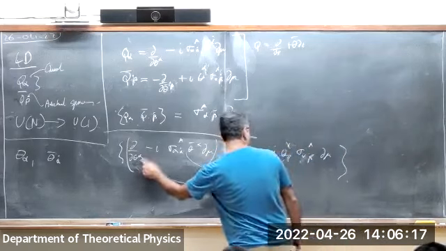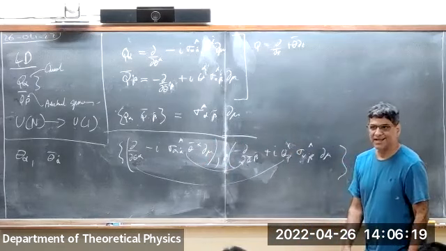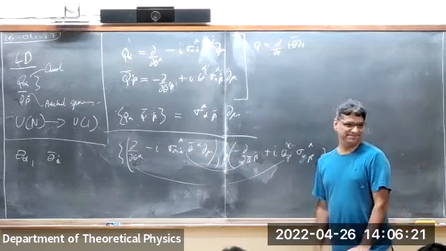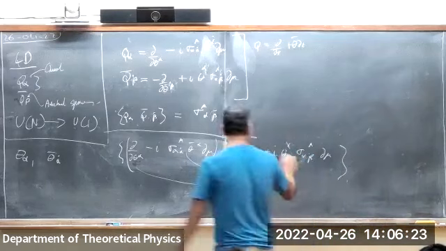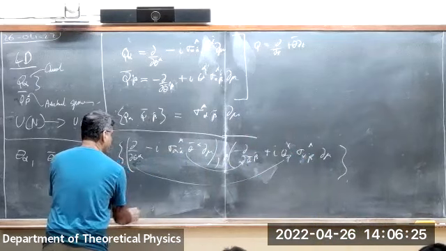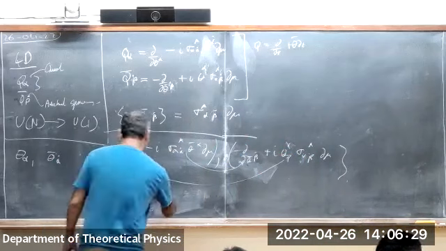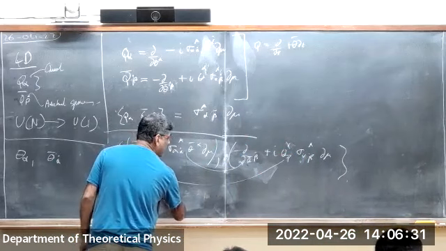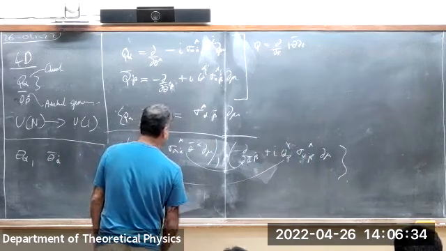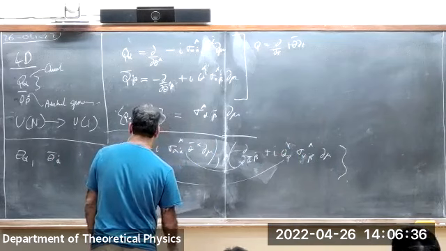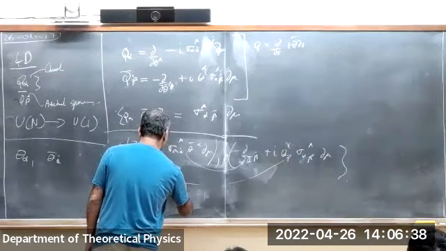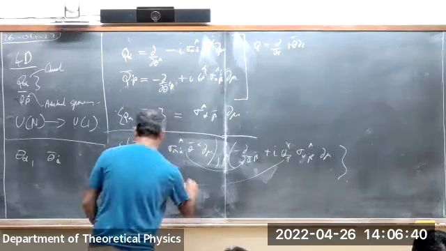But when this alpha hits this gamma, alpha becomes gamma. So the term from here becomes i sigma alpha beta dot mu del mu.